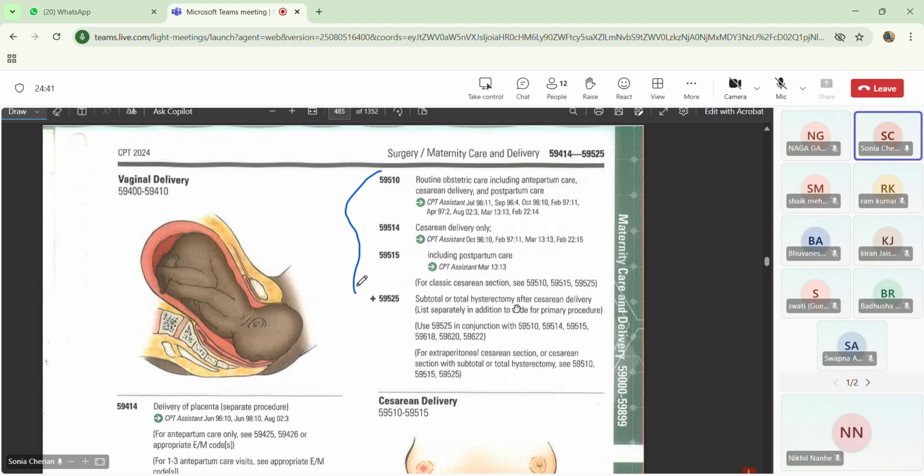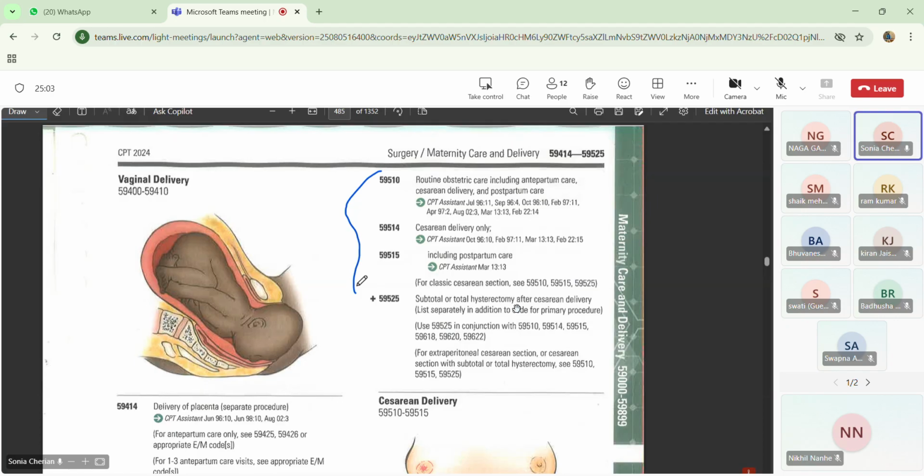And the modifiers, guys. Never miss to code the modifiers, whether it is RT, LT, or foot modifiers or toe modifiers or any numerical modifiers like the 52 or 51. 51 we don't use mostly. Again, it depends upon the client. Okay, it's kind of a sensitive modifier, so they don't use it.